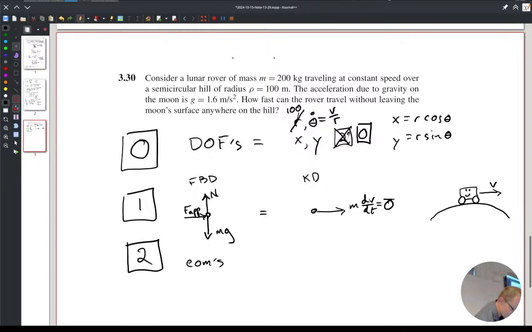At least if I call this theta that way. So the radius is that constant radius going up and over the hill. So there's got to be something.